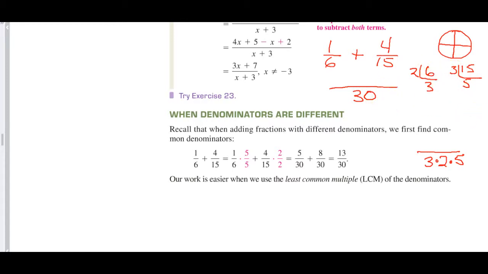So now what we're going to do, we have to multiply each of these fractions by a 1. So it doesn't change their value, but a 1 that will allow this 6 to become a 30.